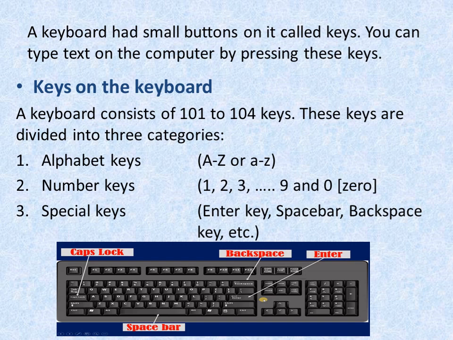The second is number keys, 1, 2, 3, 4, 5, 6, 7, 8, 9 and number 0. Third is special keys, that are enter key, space bar, backspace key, etc.